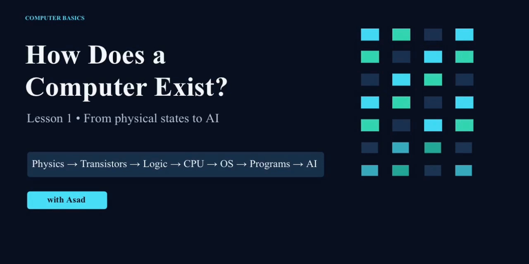This brings us to a formula of 2 to the power of n. 2 to the power of 1 has 2 possibilities; 2 to the power of 8 has 256 combinations. By combining all these combinations, a computer can give you letters, numbers, sound, images, videos, instructions, and even machine learning models.